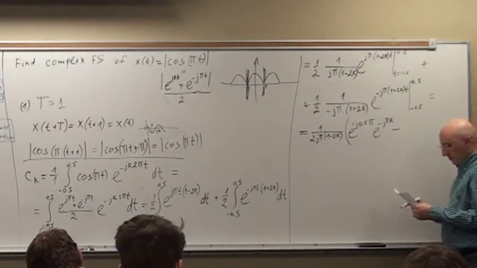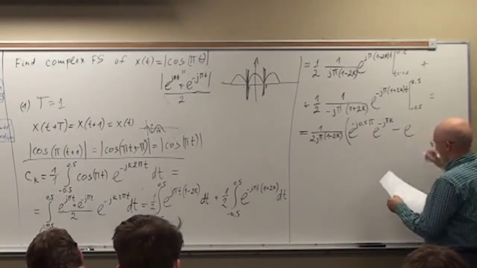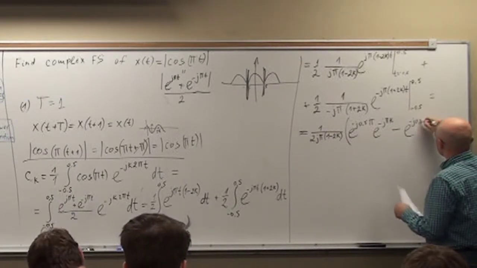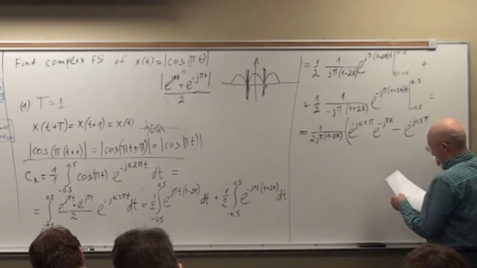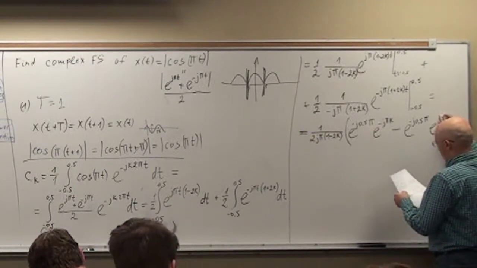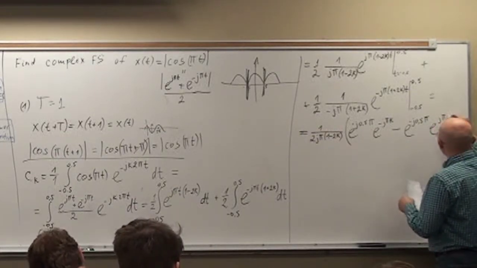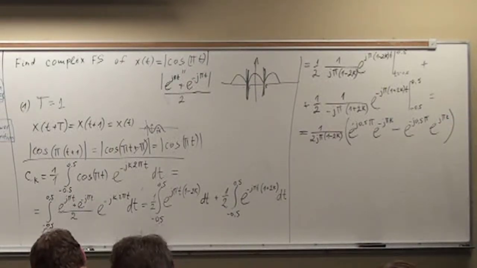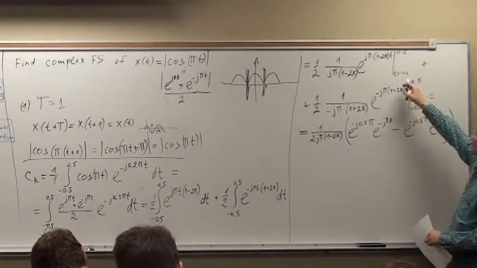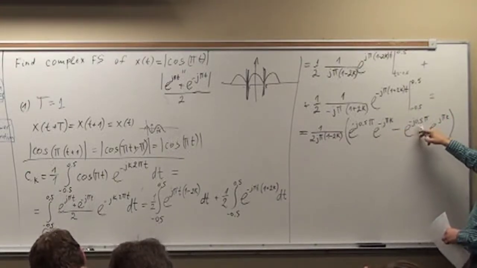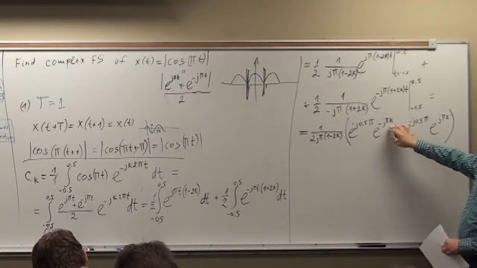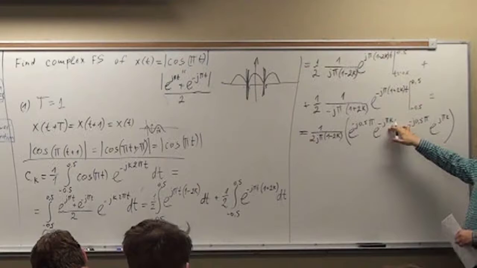Now, minus, similar thing, just with minus j 0.5 pi, j pi k. Okay, so I'm putting minus 0.5 instead of plus 0.5, to convert that one with the same thing with minus, and that one the same thing with plus.